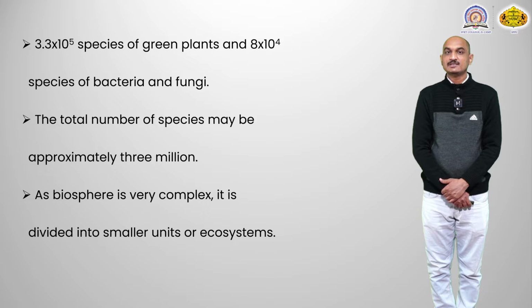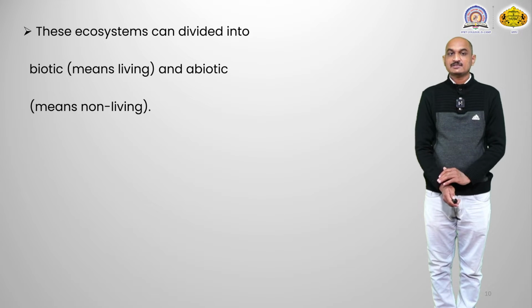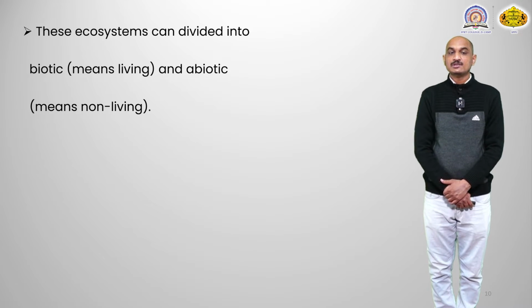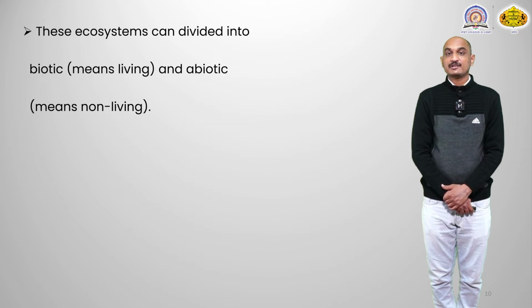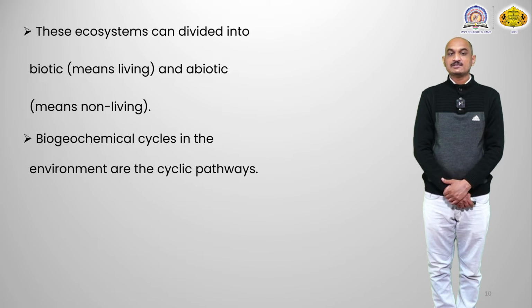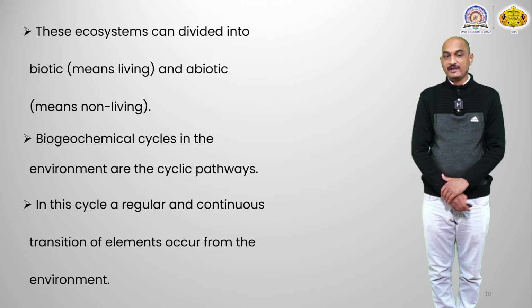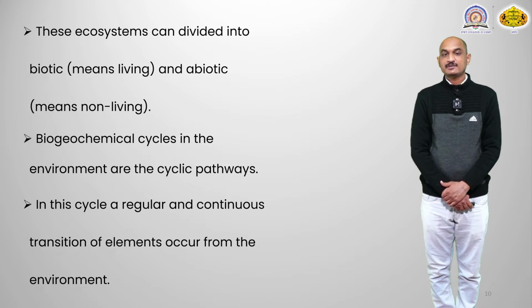The biosphere is very complex and it is divided into smaller units, or ecosystems. These ecosystems can be divided into biotic and abiotic segments. We know that biotic means the living things and abiotic means the non-living. These biogeochemical cycles in the environment are cyclic pathways, and in these cycles a regular and continuous transition of elements occurs in the environment.